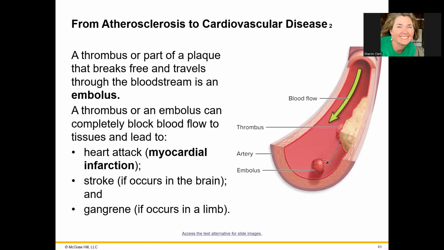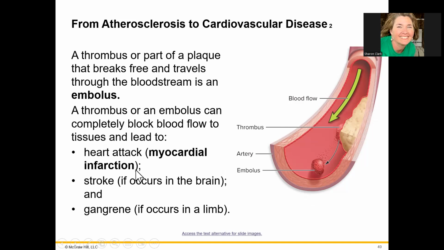So atherosclerosis and cardiovascular disease can develop. And what can make it deadly is this thrombus, which is part of the clot, can break off. And that leads to what we call an embolus. This embolus can end up completely blocking blood flow to the smaller arteries in your heart, and that could lead to a myocardial infarction.